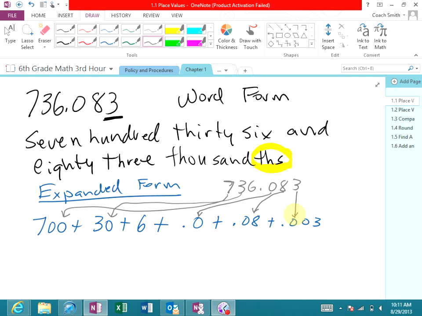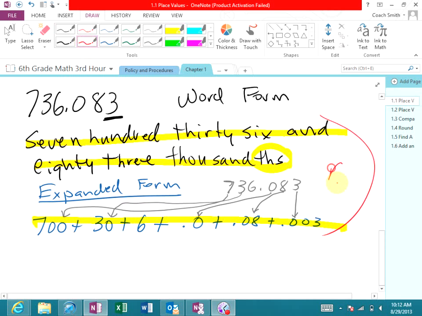Now, there's two types of expanded form. There's exponential form. We won't really talk about it today. It uses the same philosophy, but it's totally different. We'll eventually learn exponential form, but this is called expanded form. There is a difference between those two. So that's word form and expanded form. You would have to have both of these answers for the answer to be correct.